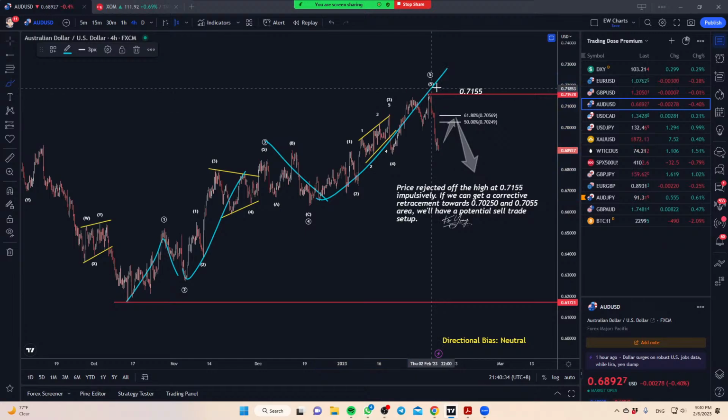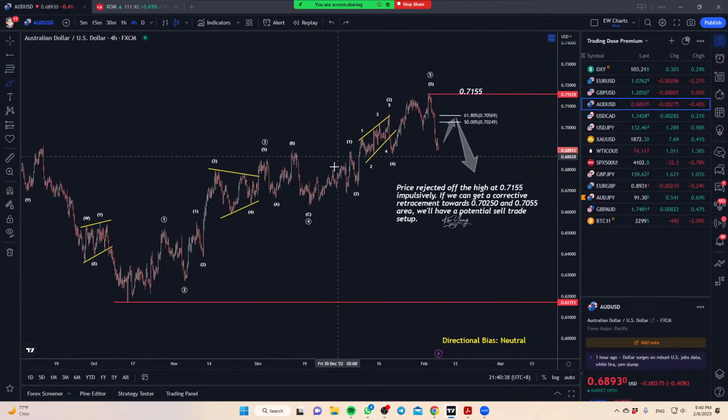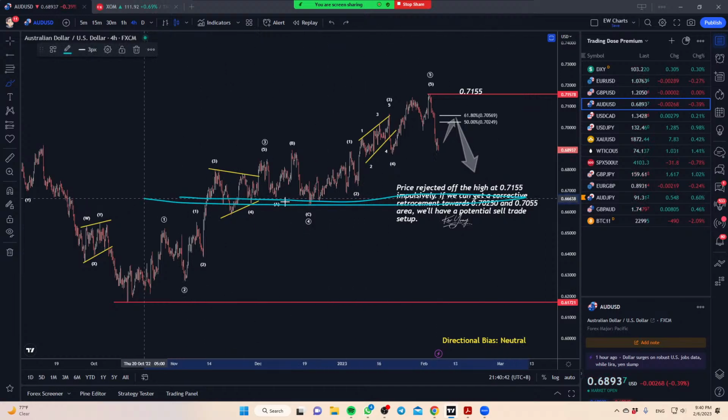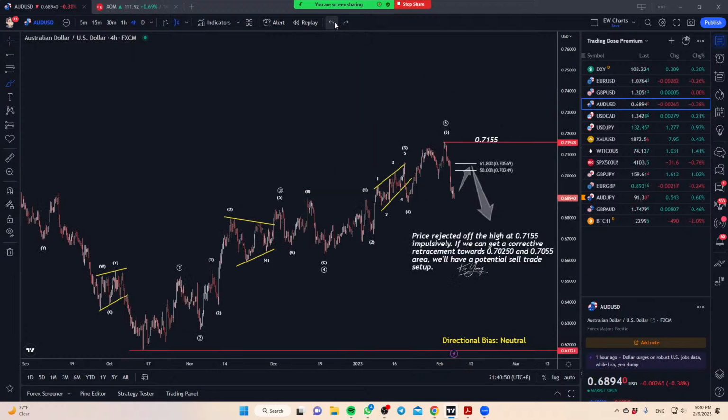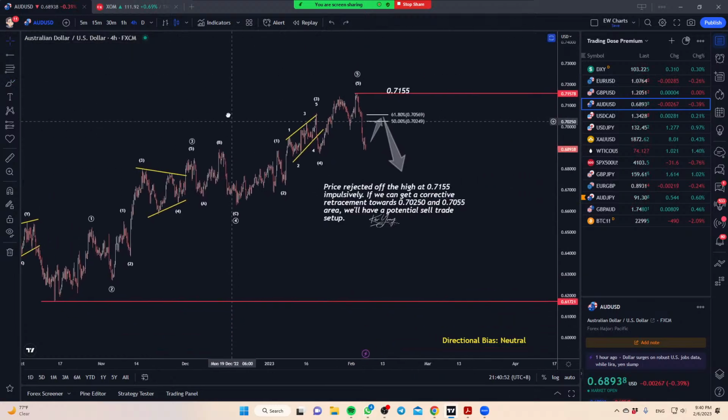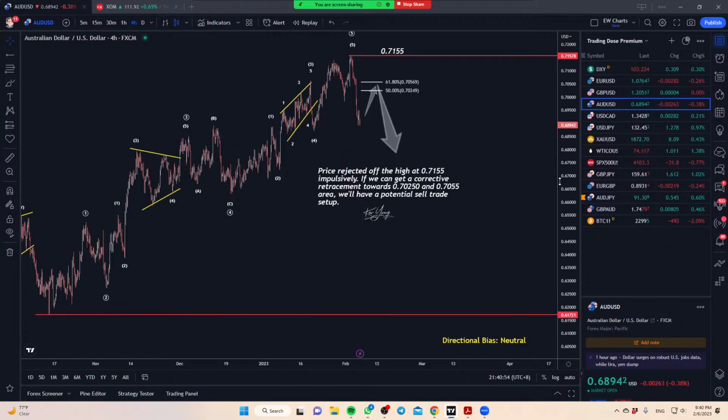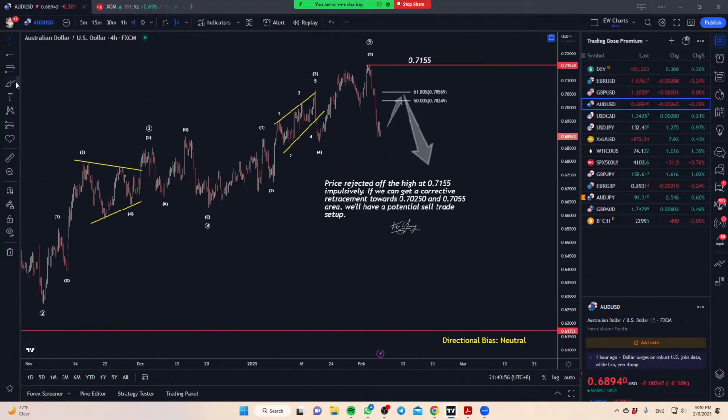So if this were to drop, there's a very good possibility we might see price retest this area. If I were to pull fibs from this low to this high, that would give us somewhere around a 50% fib as well. I wouldn't even say this is a short term, but more of a mid-term potential setup here: wait for a pullback. Again, right now I'm looking at a 50 and 618.